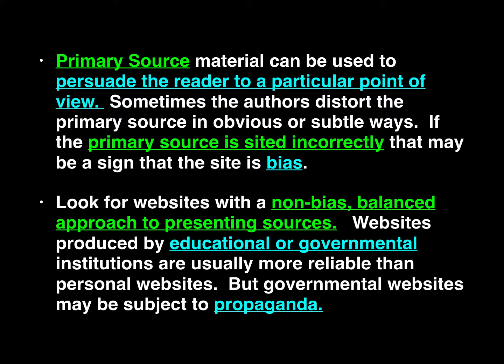Look for websites with a non-biased, balanced approach to presenting sources. Websites produced by educational or governmental institutions are usually more reliable than personal websites, but governmental websites may be subject to propaganda.